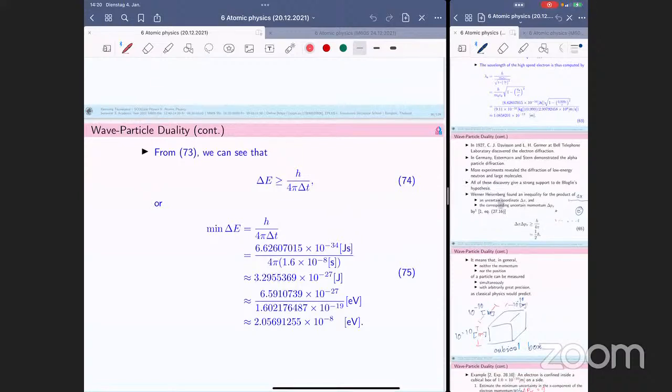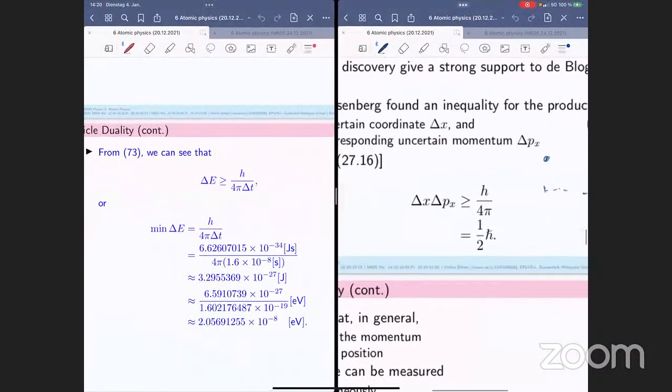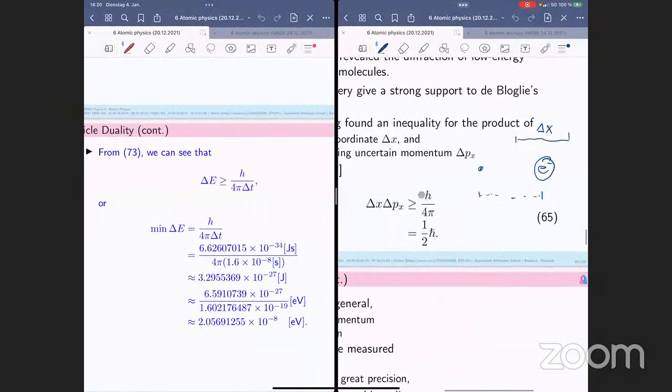And the product of those two quantities is not less than, or simply speaking, always greater than or equal to h by 4 pi. And then h-bar by 2, right?